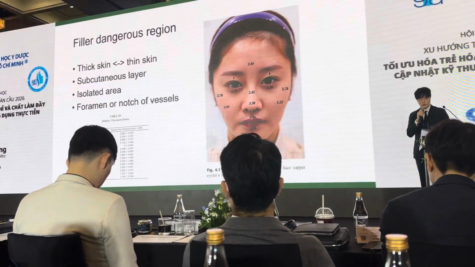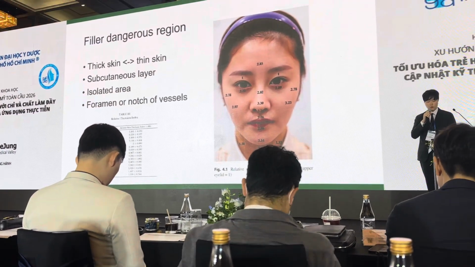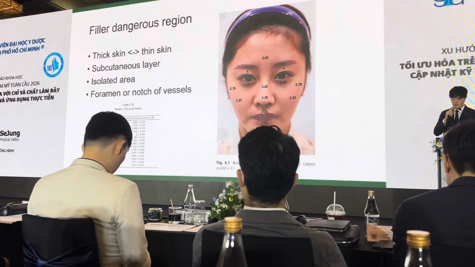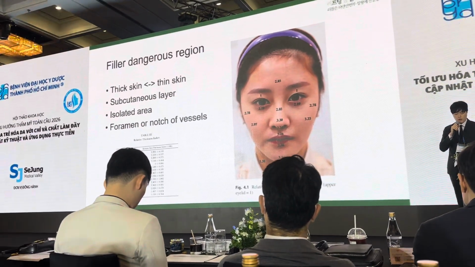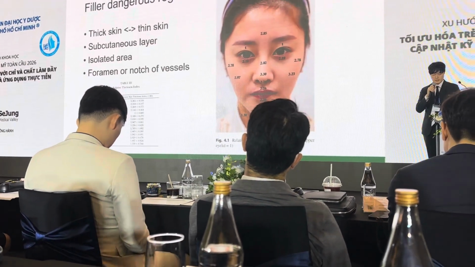We should also take extra care when injecting near the vascular foramina and notches, because these are entry points for important arteries and veins.